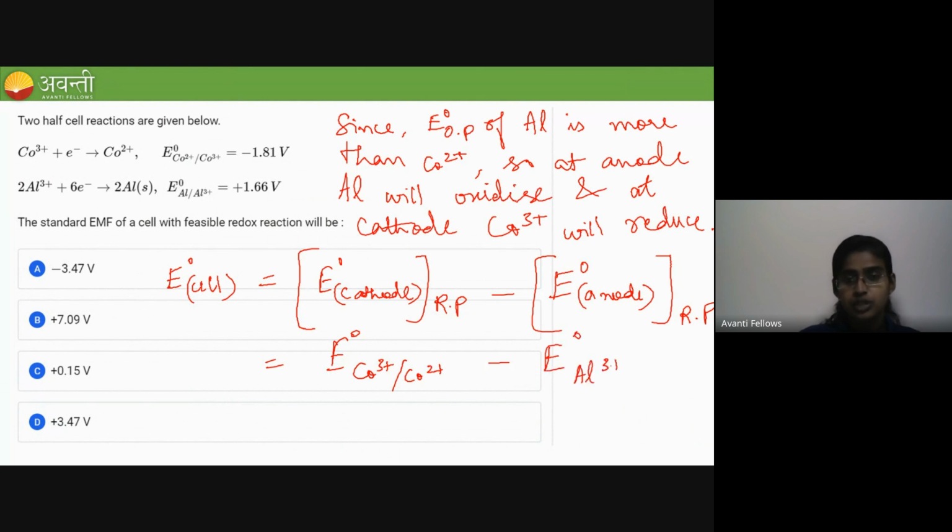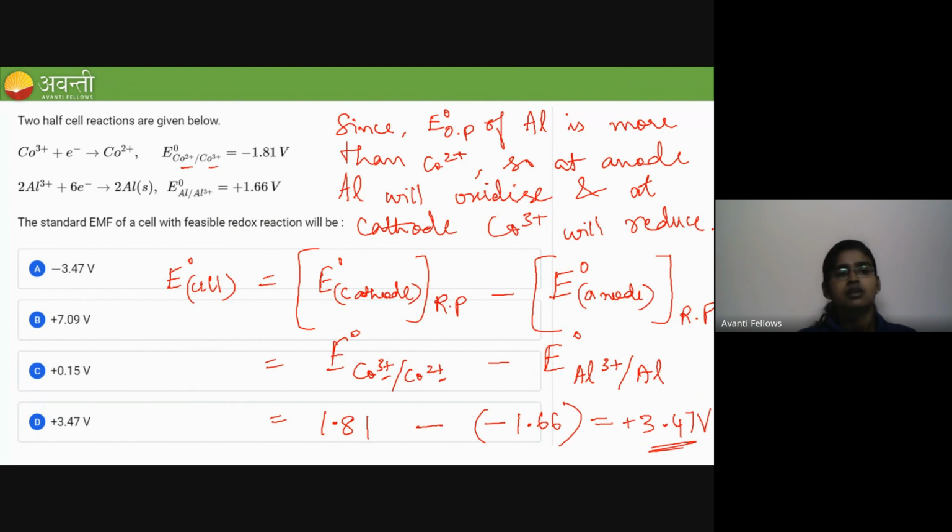So I have to go for aluminium 3 plus versus aluminium. Cobalt 3 plus to cobalt 2 plus is 1.81. But aluminium to aluminium 3 plus is given, so change the sign from positive to negative, and it will be equal to plus 3.47 volt. Okay.